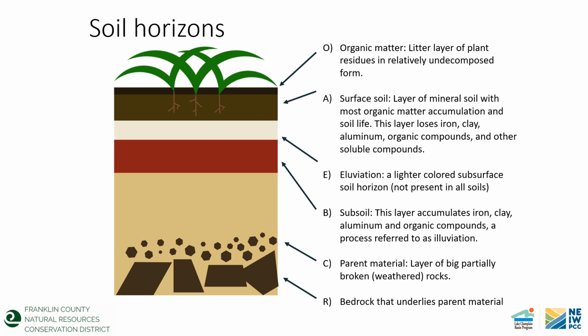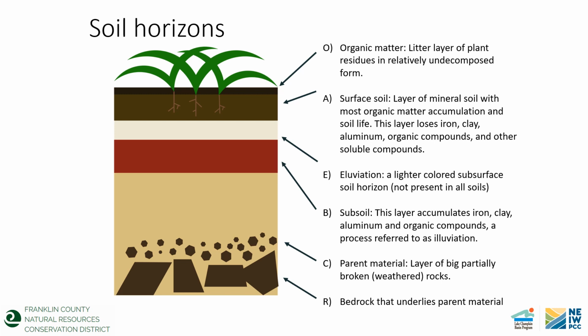The O horizon is at the surface and consists of organic matter like plant leaves that haven't yet broken down completely. The A horizon is the mineral soil that is closest to the surface. It's often very rich in organic matter from the decaying plant material above.